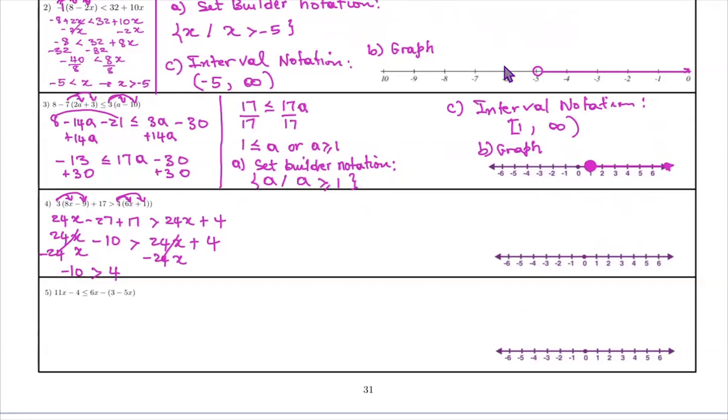This statement, negative 10 is greater than 4, is a false statement. Because it's false means that there is no solution. So a solution will not exist. There's no solution.